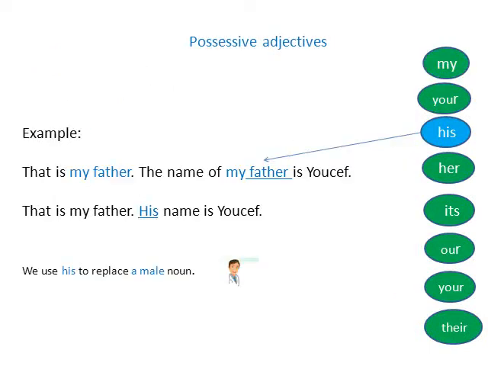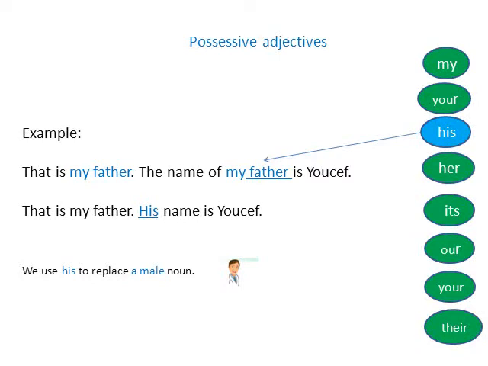Example: that is my father. The name of my father is Yusuf. Here there is repetition of the word my father. The sentence is long. We want to make it shorter and clearer.